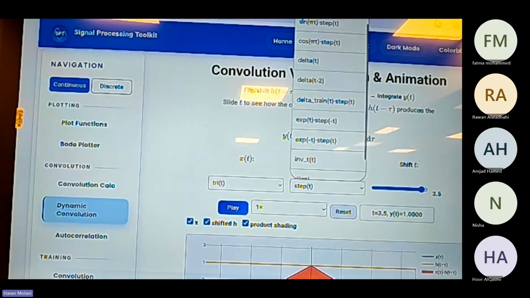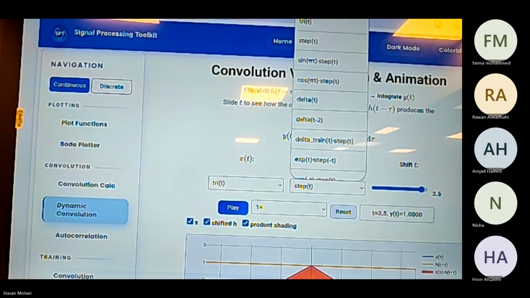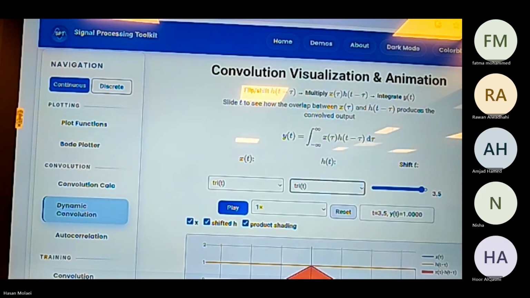Anything else you want to try? Two triangles. What should be the order?